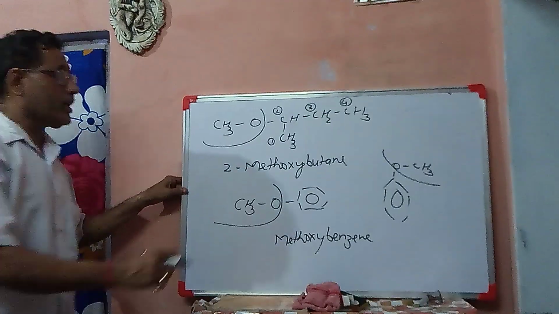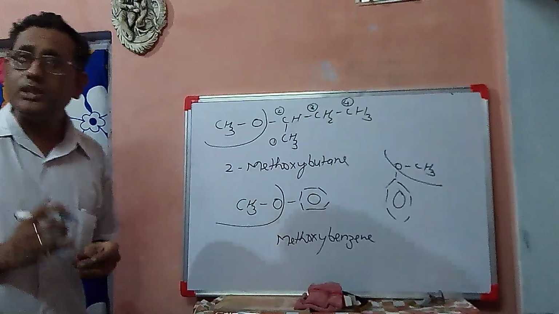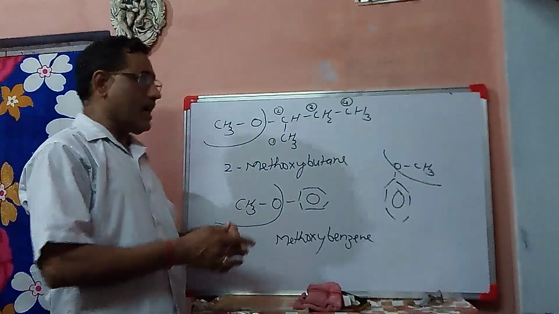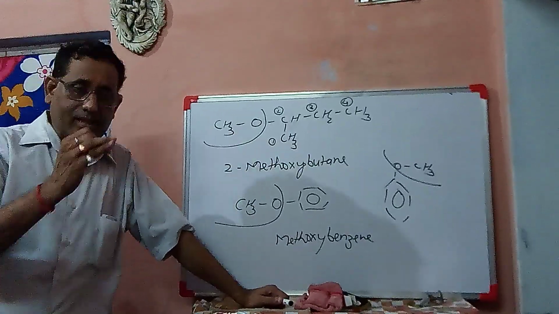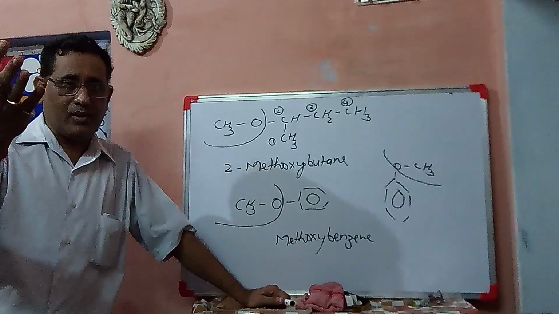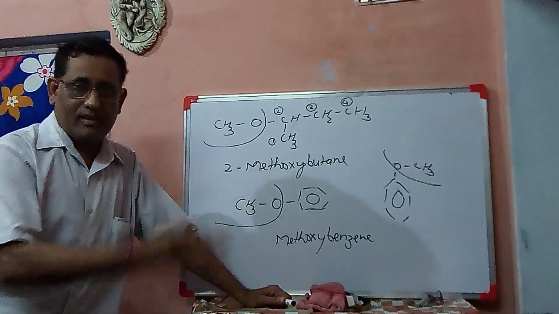In this way you can write the name of ethers. Clear? This is the IUPAC naming of alcohols, phenols, ethers. Next lecture में हम लोग आगे के टॉपिक्स पढ़ेंगे. Okay? Enjoy video.